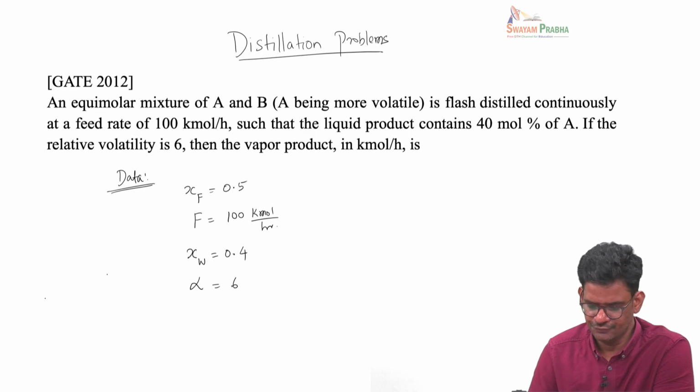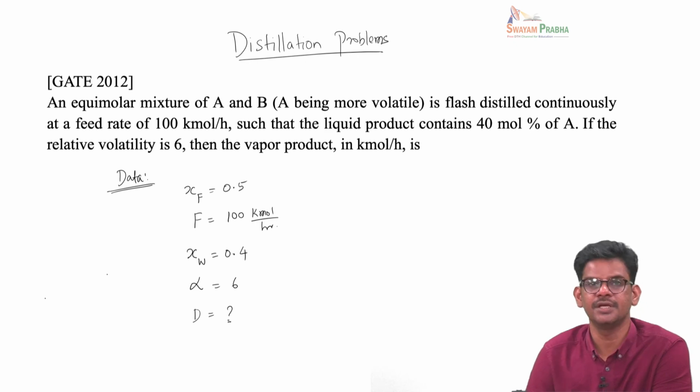And we need to find the vapor product, which is D, in kilomole per hour.